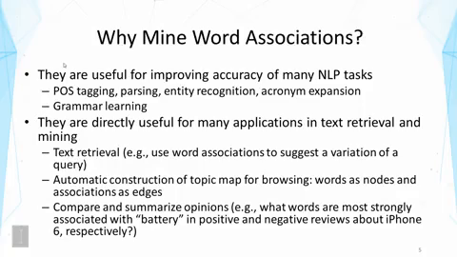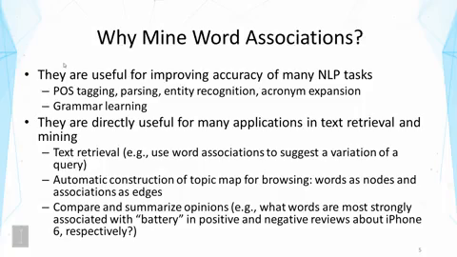Word relations can be also very useful for many applications in text retrieval and mining. For example, in search, in text retrieval, we can use word associations to modify a query. And this can be used to introduce additional related words to a query to make the query more effective. It's often called a query expansion.